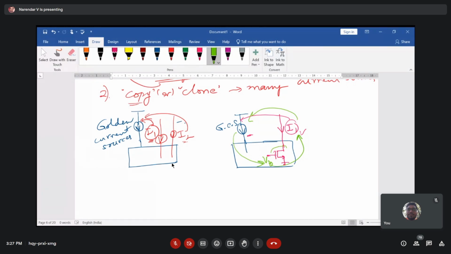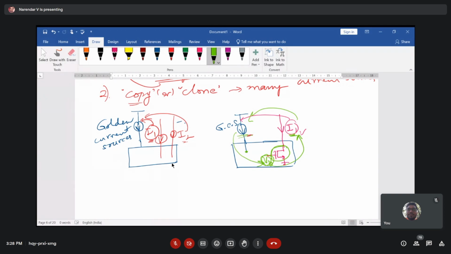So this MOS transistor is supposed to have the information of the golden current source, applied to this transistor so that the I1 current is similar to your golden source current.